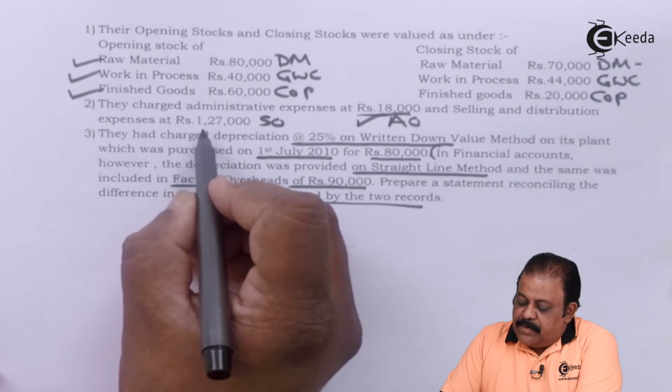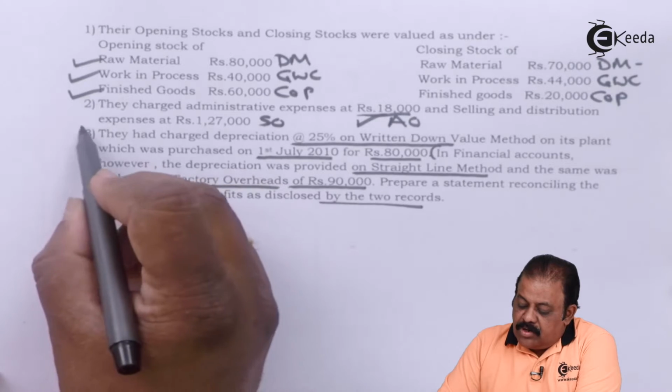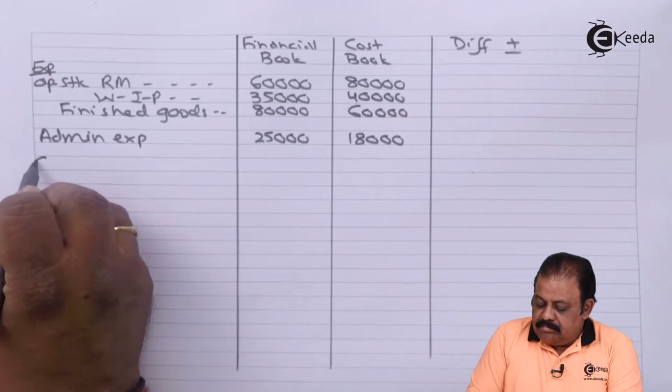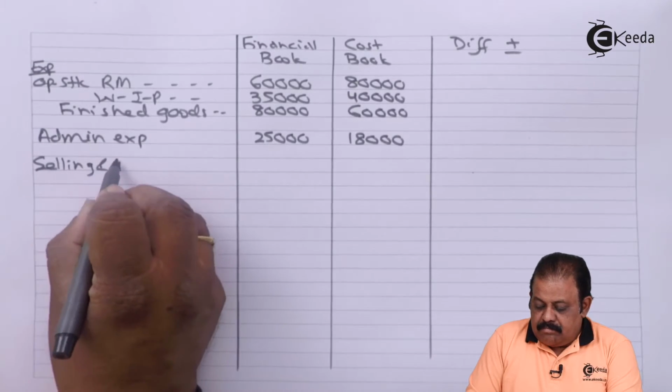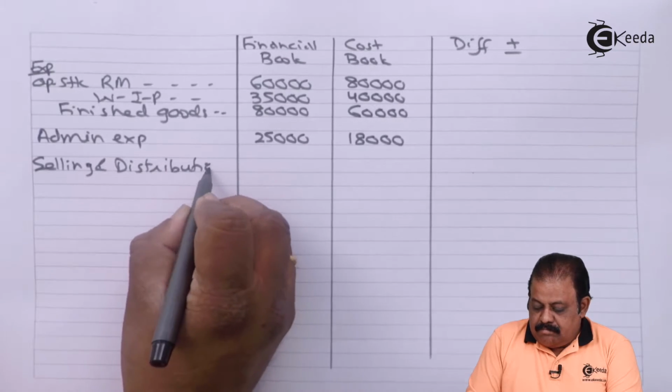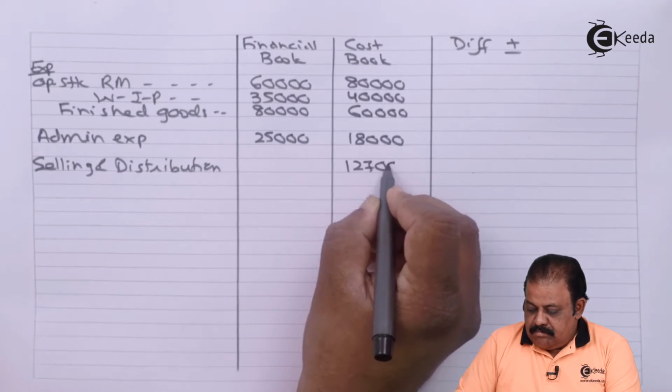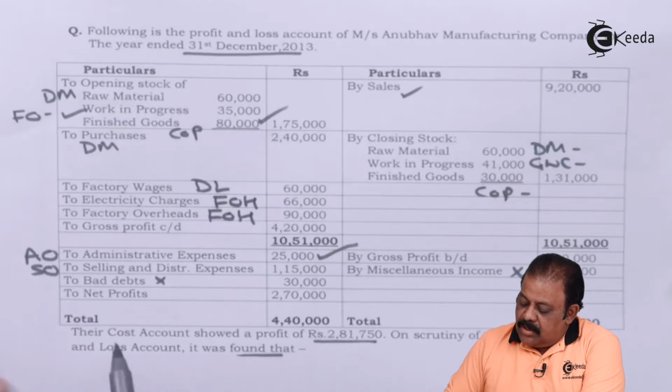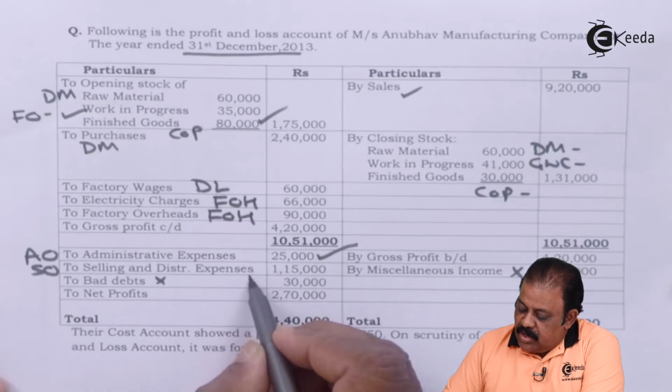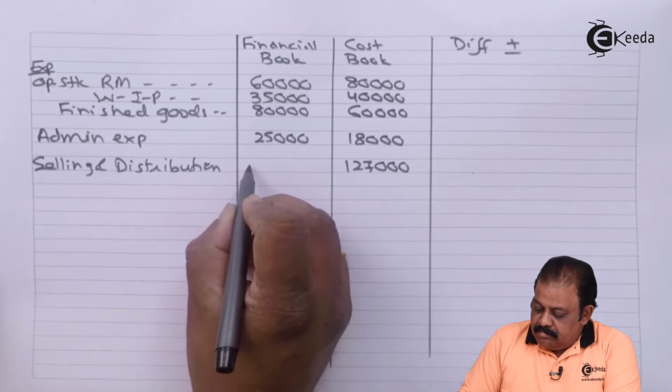Selling and distribution expenses as per cost book 1,27,000. As per financial book, selling and distribution expenses 1,15,000.